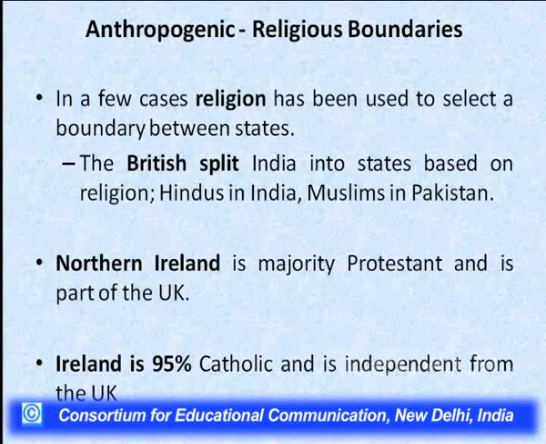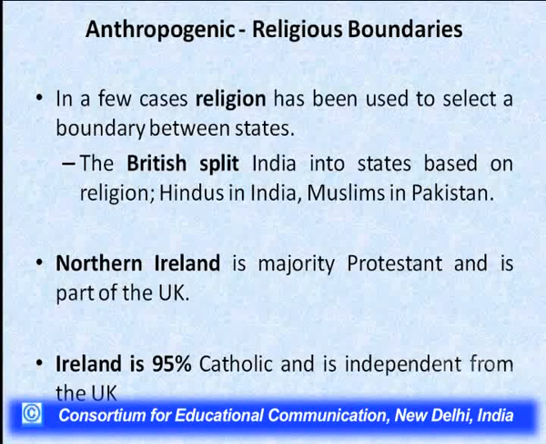The anthropogenic boundaries are also the boundaries which are devised based upon the different religions in different countries. Like in a few countries, we can see that different states had been divided based upon religion.